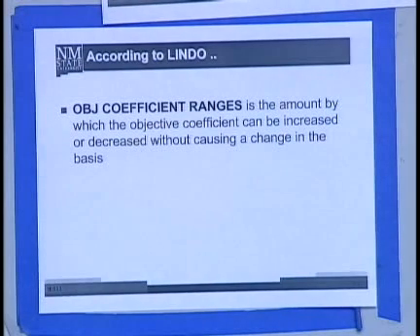In the Lindo output, the allowable ranges for objective coefficient represent the amount by which the objective coefficient can be varied without causing a change in the current basis, the current basic solutions, right?